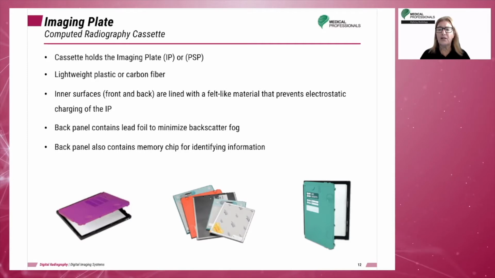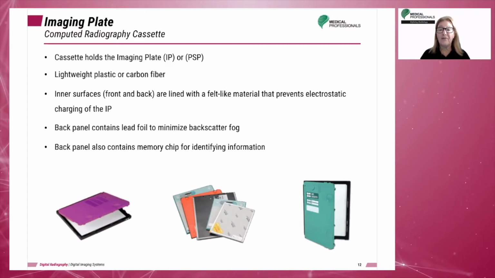CR cassettes look like film screen cassettes, but unlike film screen cassettes, the CR cassette does not have to be light tight because the imaging plate is not sensitive to white light. The back panel is a sheet of lead foil or aluminum used to absorb X-rays that penetrate the plate.